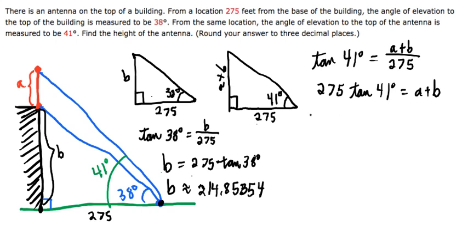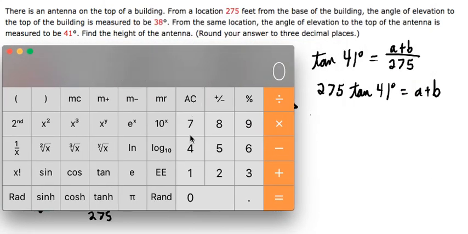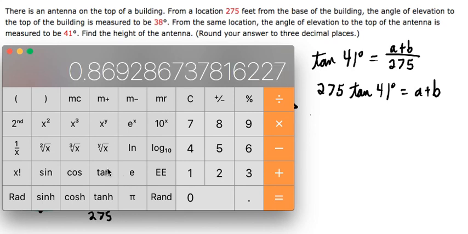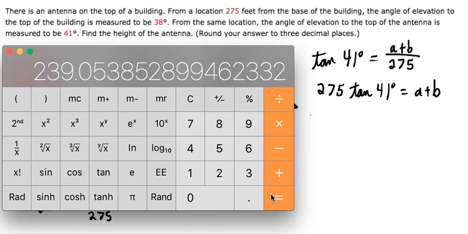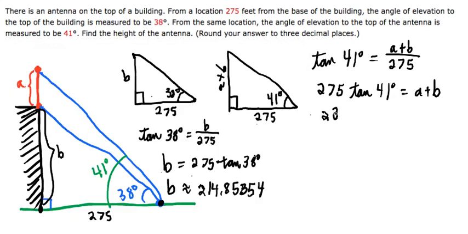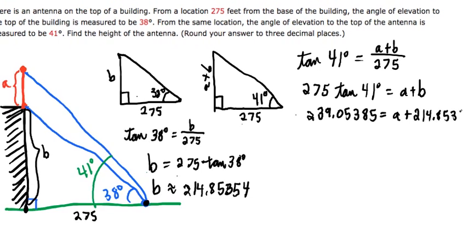So I'm going to start by approximating 275 times tangent of 41 degrees. So let's go with 41, take tangent of that, multiply times 275 to get 239.05385. And that's equal to A plus B. B is this number, 214.85354, and we can solve that for A by subtracting.